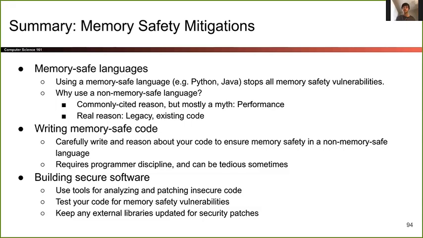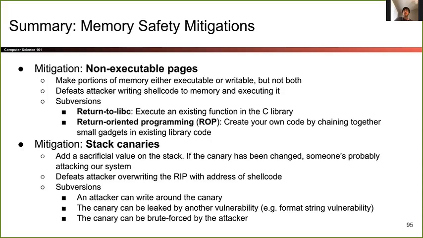We talked a bit about tools that we can use to build secure software, tools that we can use to test for vulnerabilities, and how to keep external libraries updated so that other people's code doesn't end up breaking your program. And then we talked about all the mitigations. We talked about non-executable pages, which prevents memory from being both written to and executed at the same time.